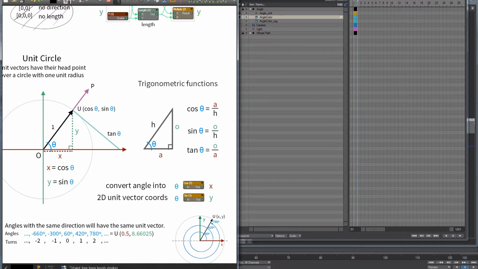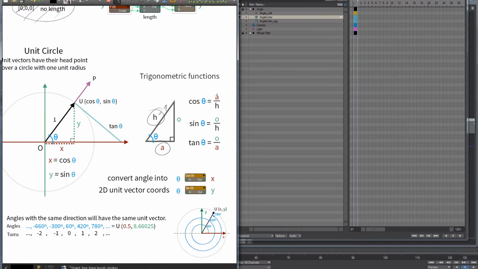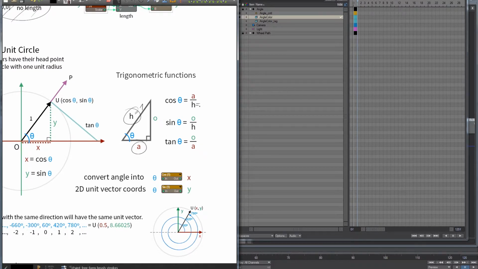So you have that the cosine of the angle is equal to the adjacent side over the hypotenuse. Now, if I'm dealing with unit vectors, they have length 1, and so if I transpose this to here, I can see that the hypotenuse is equal to 1. So this makes these calculations easier. So I can say that the hypotenuse is 1, so the cosine of the angle here is basically equal to the adjacent.